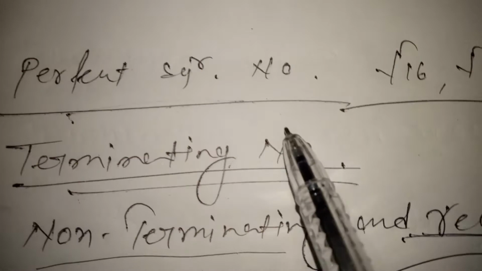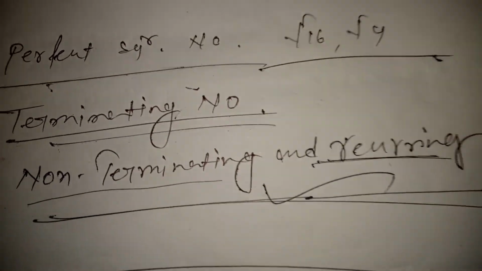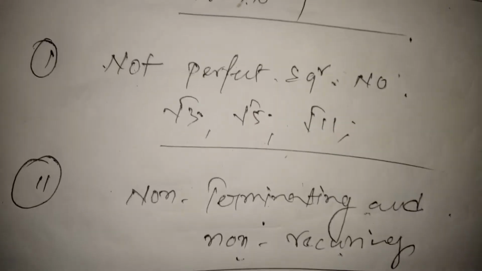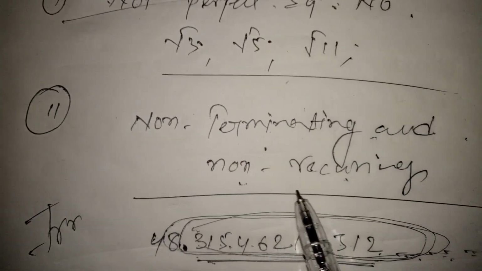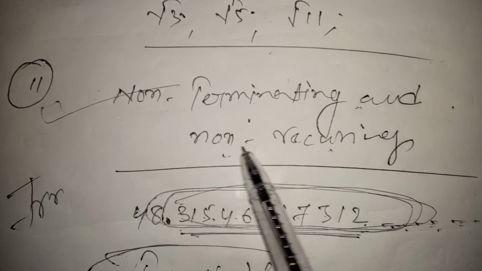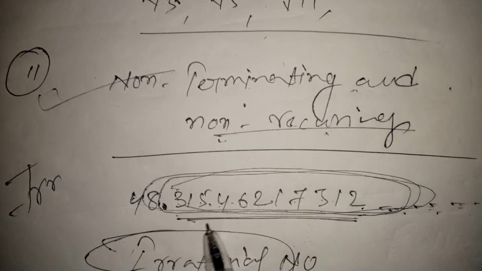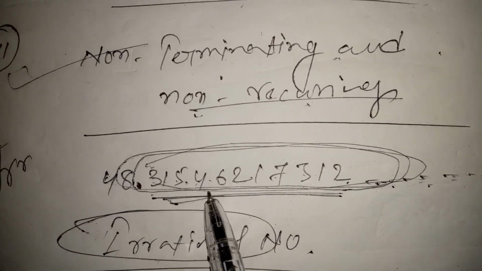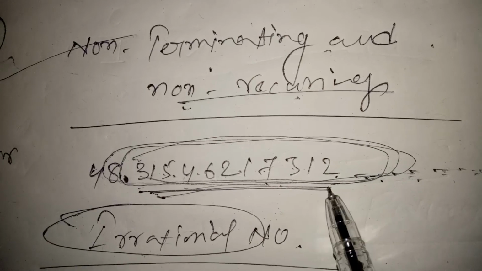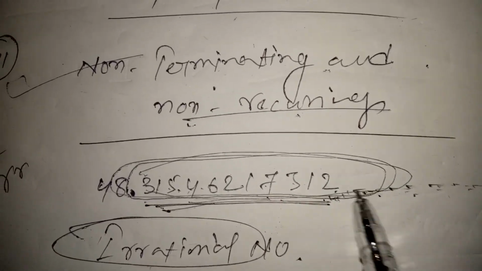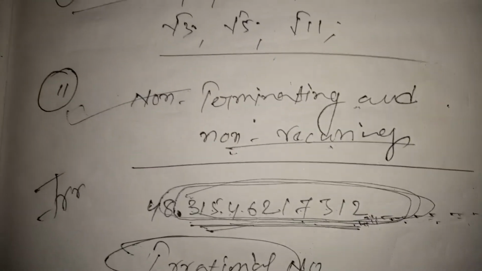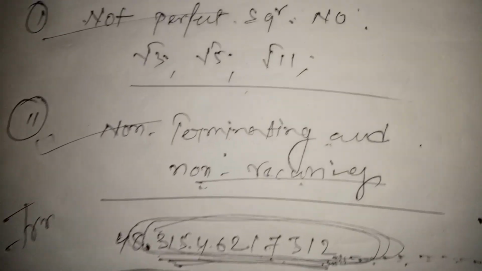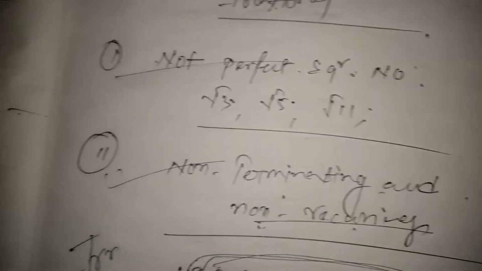So this will be called your rational number. But in case of an irrational number, it will be a non-perfect square number and non-terminating as well as non-recurring. It will never repeat. Always some other number will come out like this. So this type of numbers will be called irrational numbers. So this way you can identify whether the number is a rational number or an irrational number.